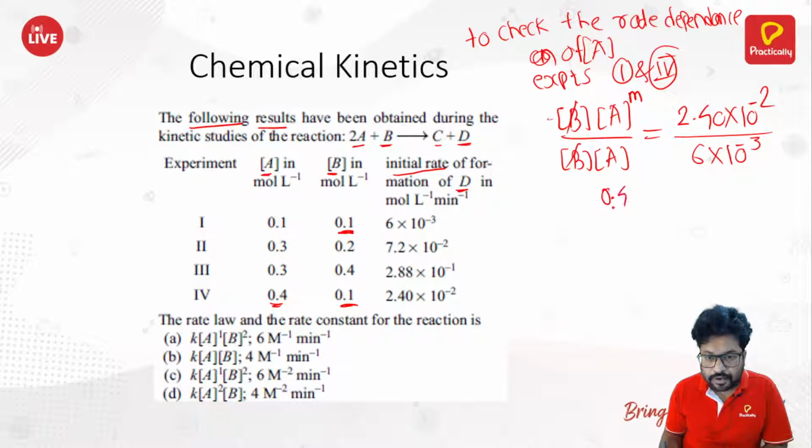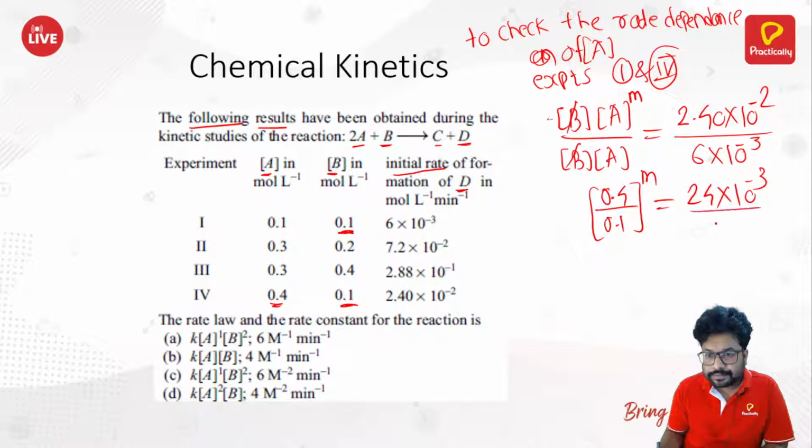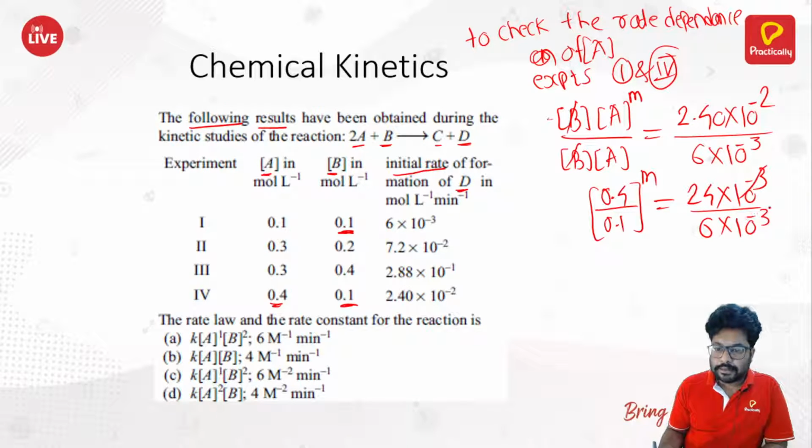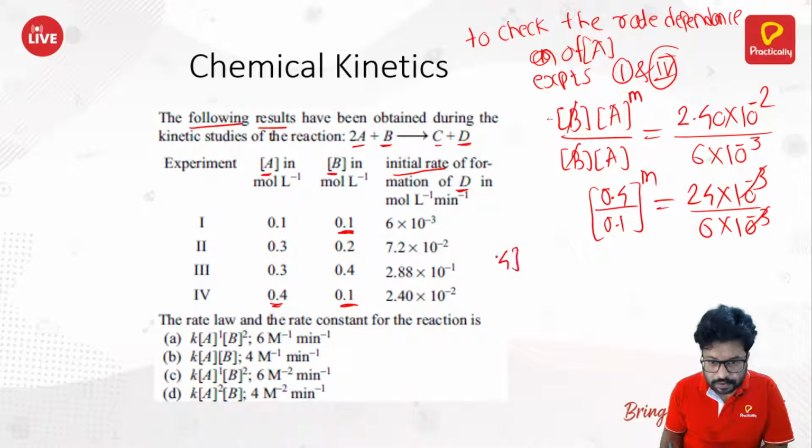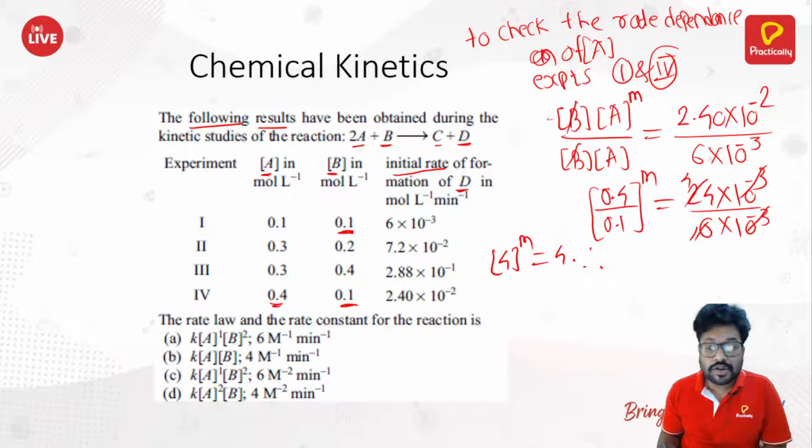So 0.4 divided by 0.1 raised to M is equal to, you can convert 2.4 into 24 into 10 raised to minus 3 divided by 6 into 10 raised to minus 3. The minus 3 gets cancelled. 0.4 divided by 0.1 has to be 4. So 4 raised to M is equal to 4. That means the value of M should be equal to 1.